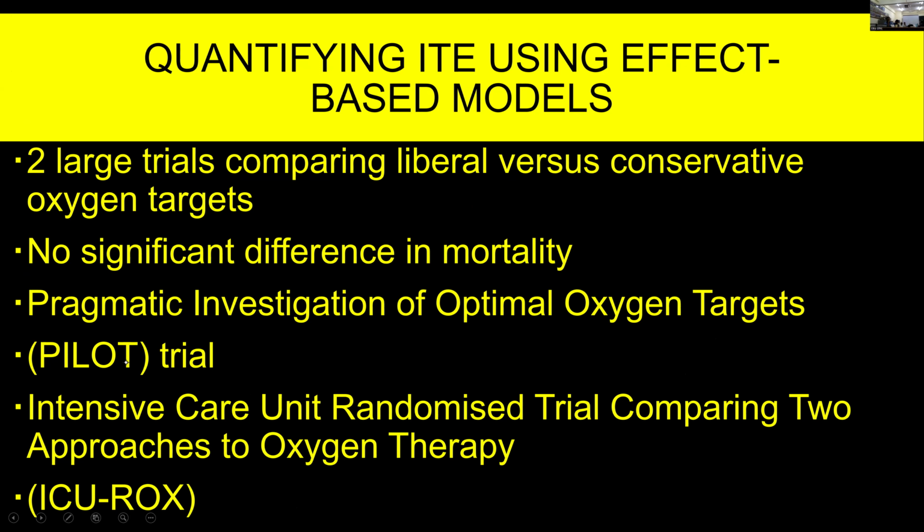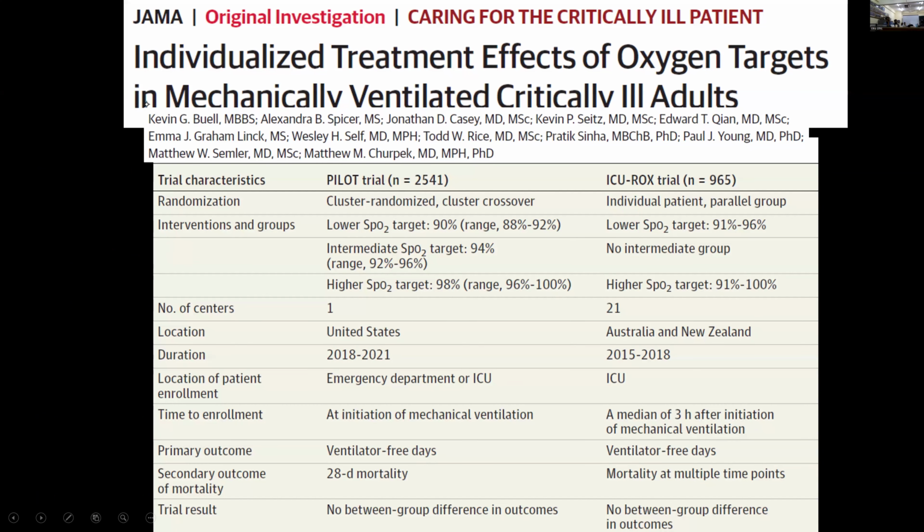There were two trials, the pilot trial and ICU-ROX: Pragmatic Investigation of Optimal Oxygen Targets in the ICU, a randomized trial comparing two oxygen targets. So the first trial was a pilot study of 2,500 patients, and ICU-ROX, the second one, had 965 patients.